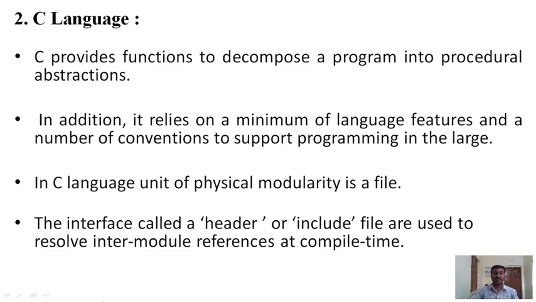These interfaces are called headers or include files, and they are used for resolving inter-module references at compile time. So C language also supports decomposing programs with the help of functions. Those decomposed small units or modules in C language are called files, and between the files, the headers or include files act as the interface at compile time.